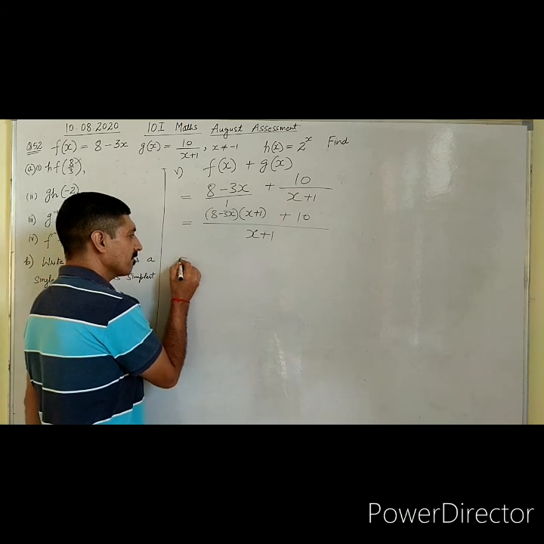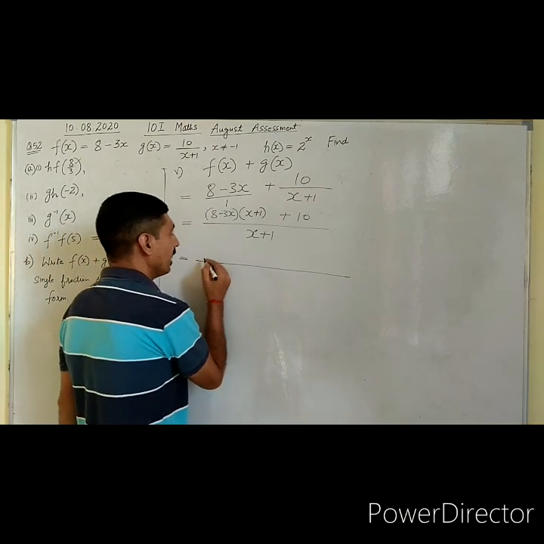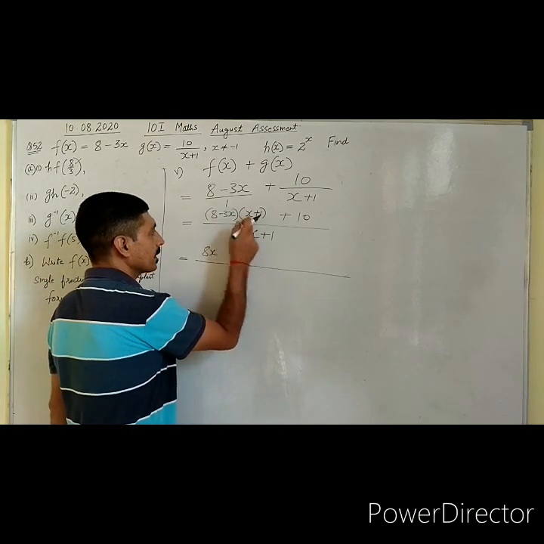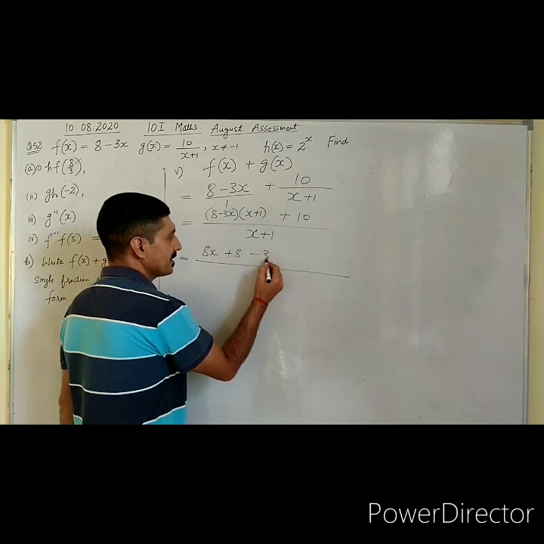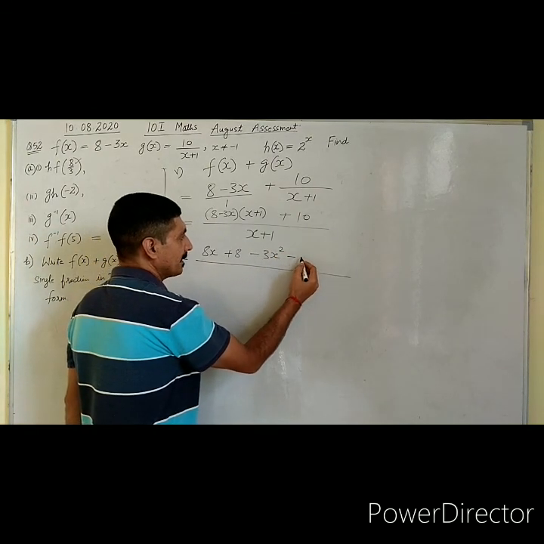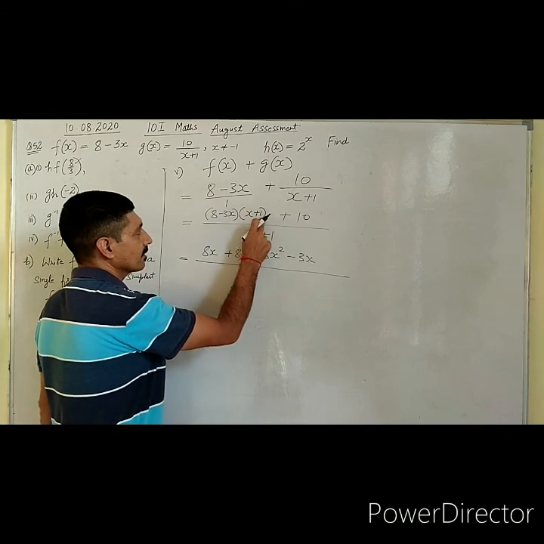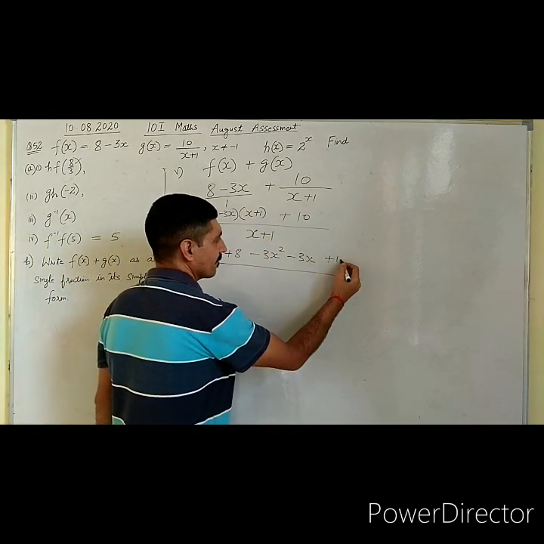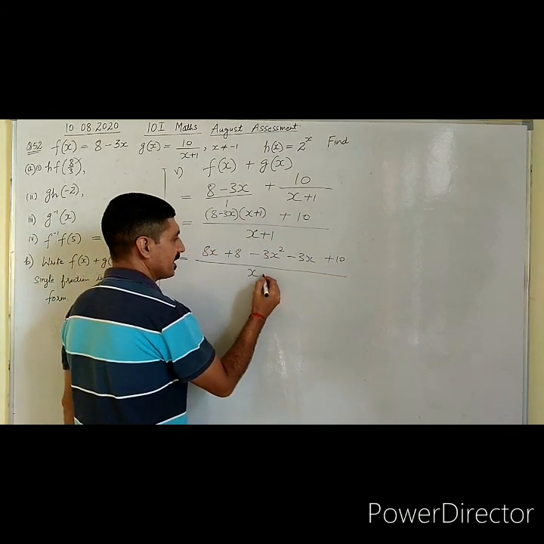Now what we have is 8x plus 8 minus 3x squared minus 3x plus 10, divided by x plus 1.